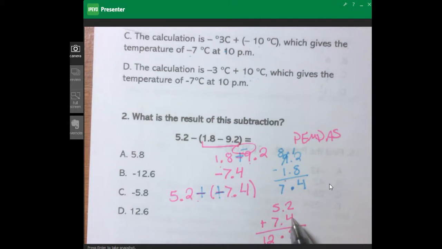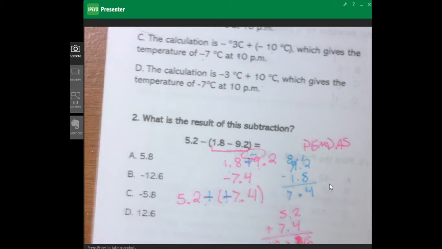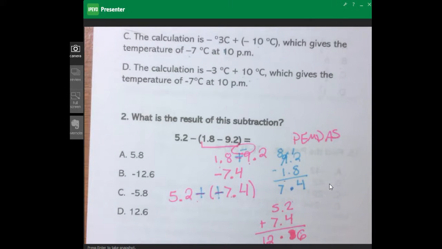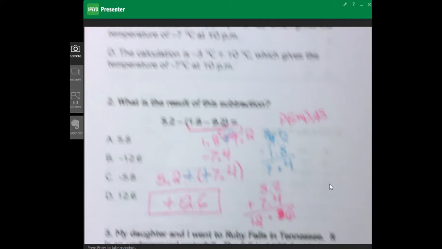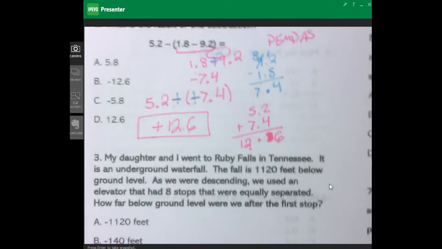I'm sorry. 4 and 2 is 6, not 8. So 2 plus 4 is 6. 5 plus 7 is 12. These are both now positive, so we keep a positive 12.6. All right, let's look at number 3.